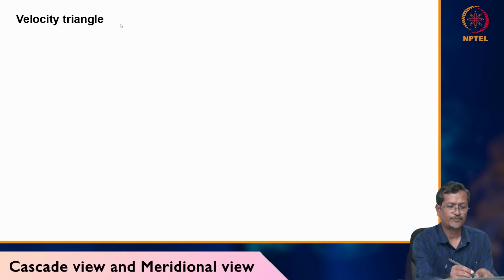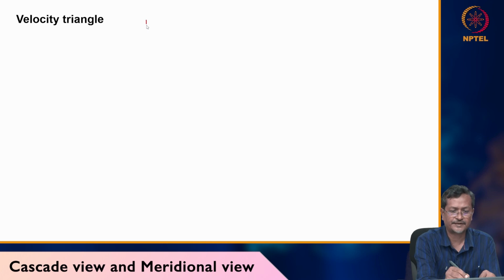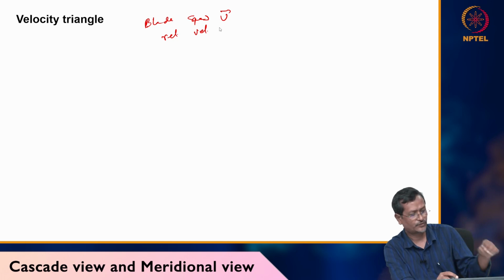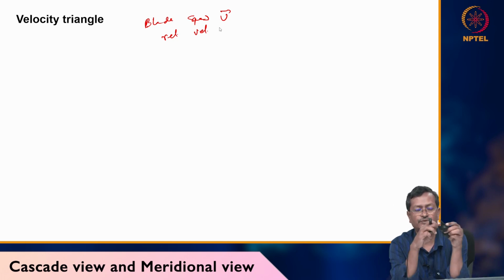Okay, let's say frame motion or turbine speed, blade speed u, and relative velocity. Relative velocity means when fluid is flowing through the passage, the turbine velocity u, or omega into r, where omega is rotational speed and r is radius, and the fluid velocity should not be the same; there must be some difference.